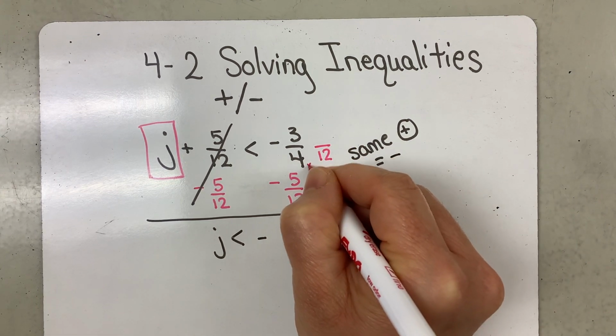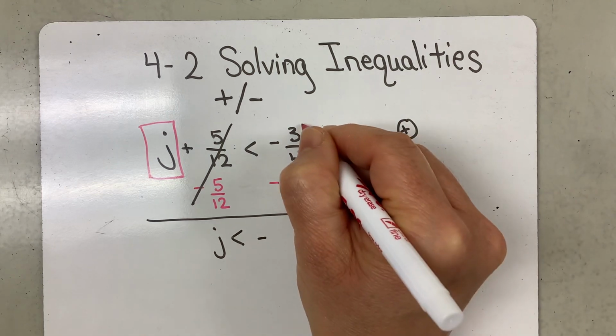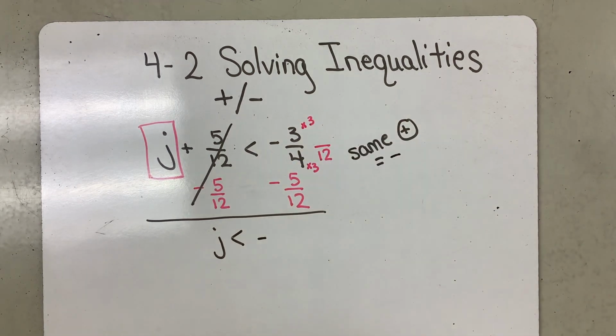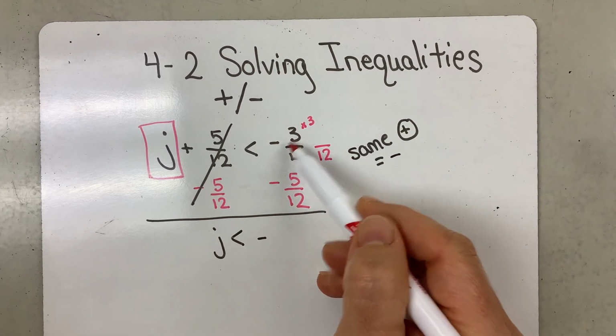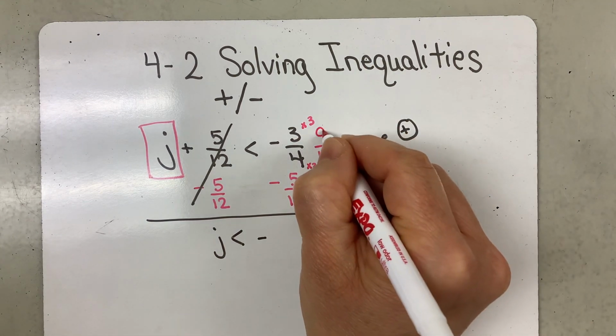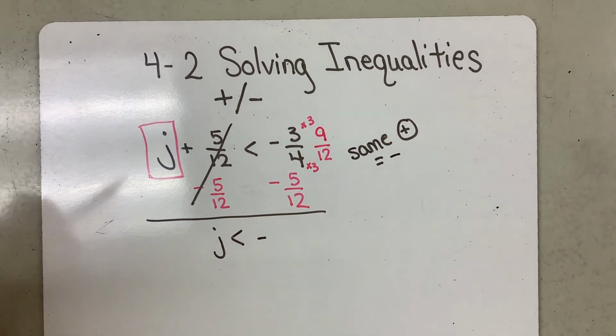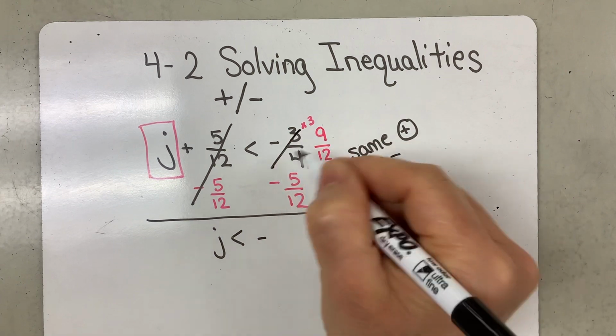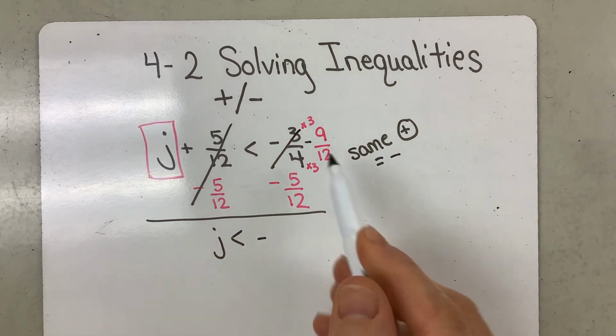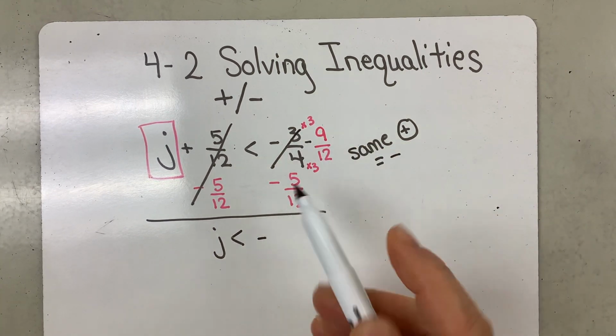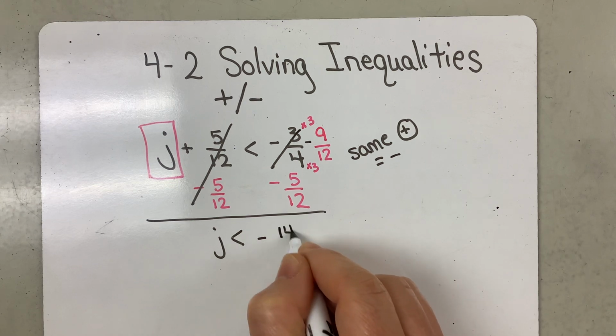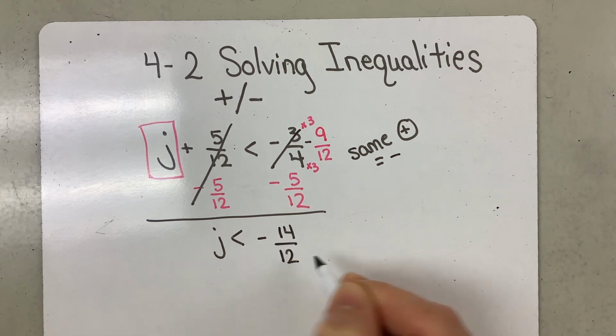That means 4 times 3 gave us that 12. Whatever we do to the bottom, we have to do to the top. So 3 times 3 gives us 9. Okay, so instead of a negative 3/4, we now have a negative 9/12. 9 plus 5 is 14 over 12.